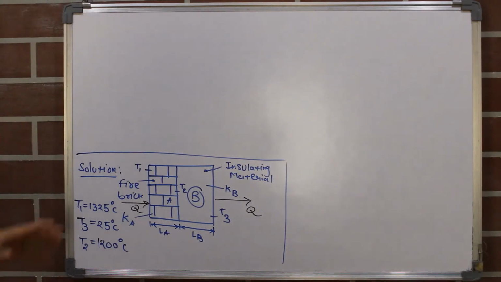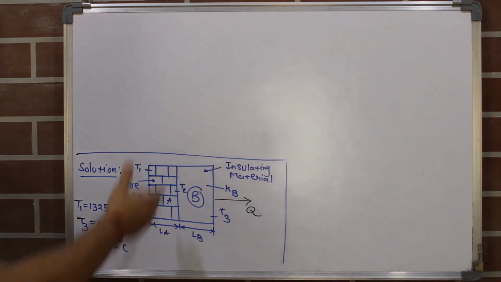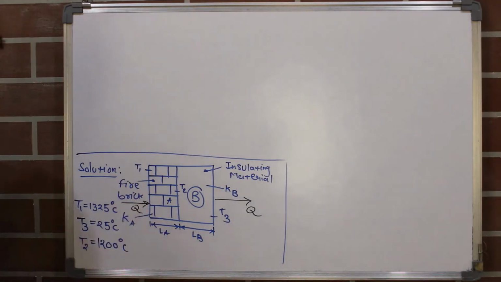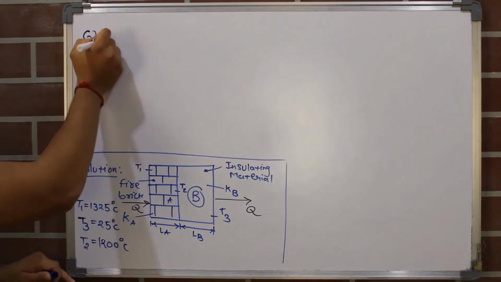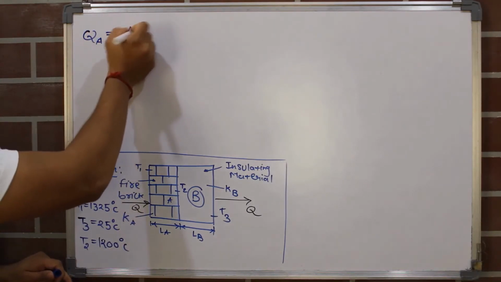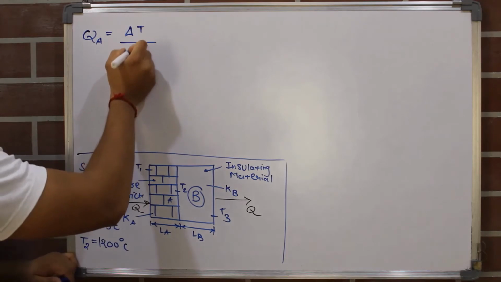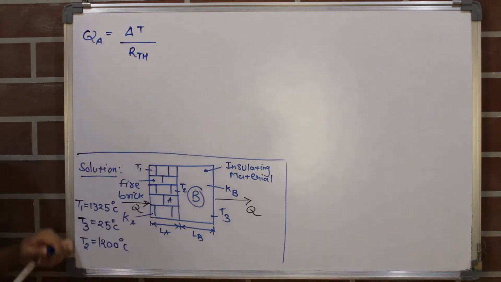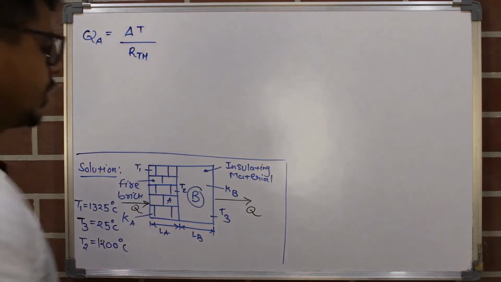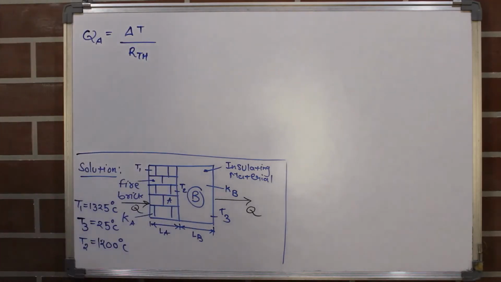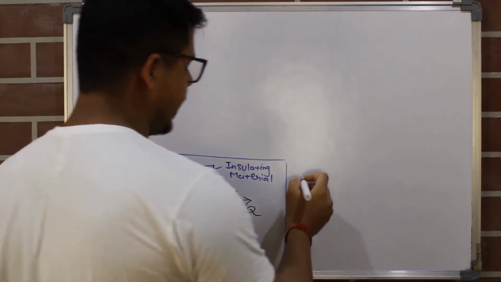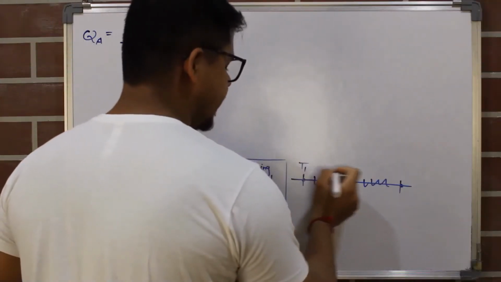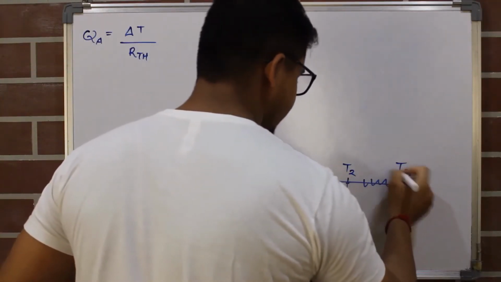First we will find the heat transfer rate through wall A only, that is QA. So QA is what? It is delta T divided by RTH. For RTH we have to draw the thermal circuit. How many temperatures are there? T1, T2 and T3, three temperatures, so draw three dots: T1, T2, T3.